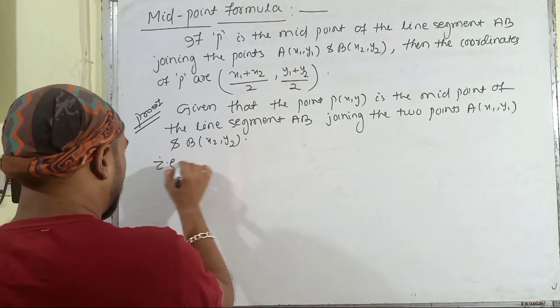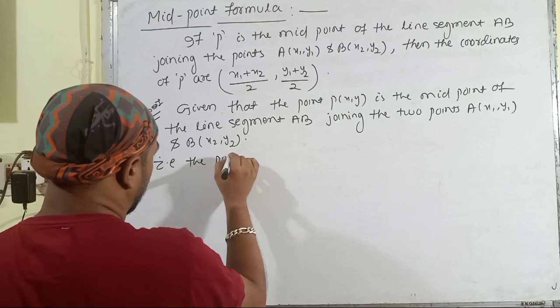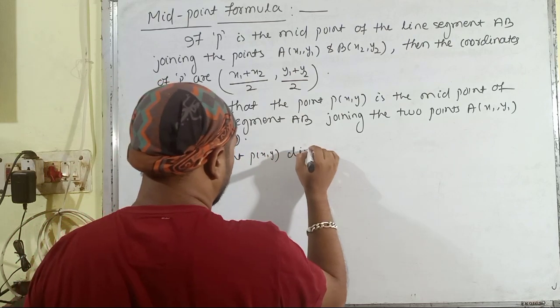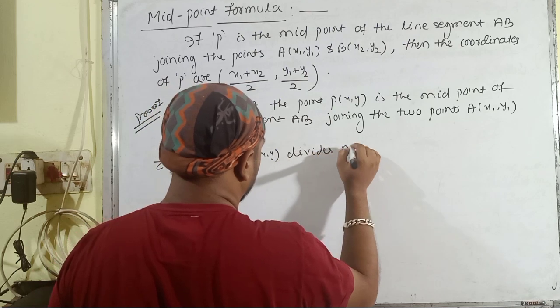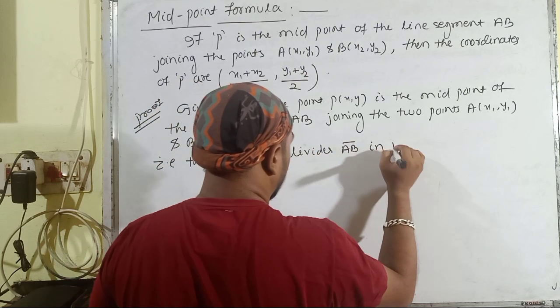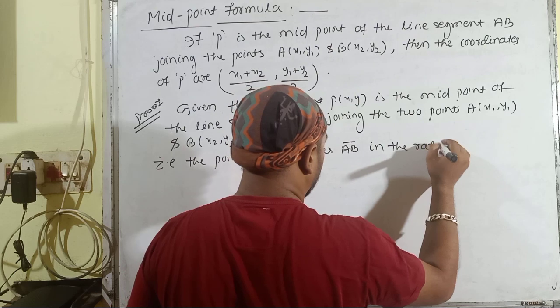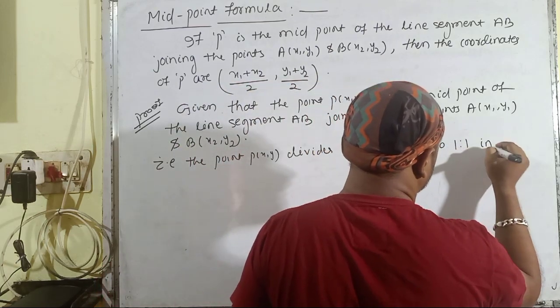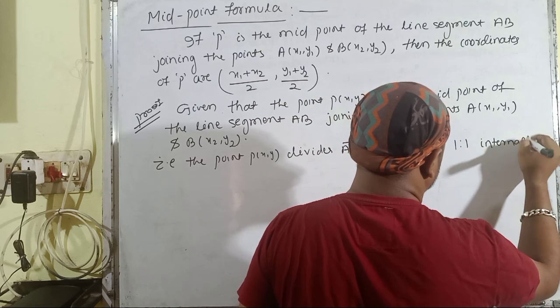That is, the point P(x, y) divides AB in the ratio 1:1 internally.